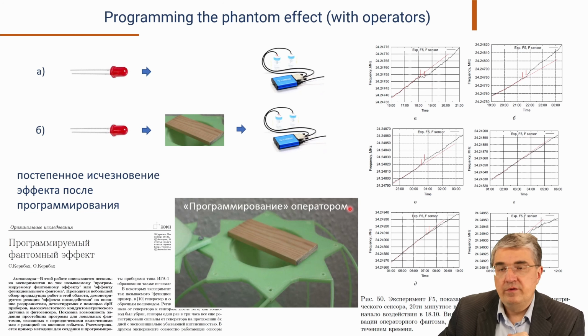So what we observed in these experiments, there was a series of different experiments with slightly different conditions. We observed that it works quite well for the first 1, 2, and totally up to 7, 8, up to 10 iterations. So these changes are still visible, and then the effect disappeared.